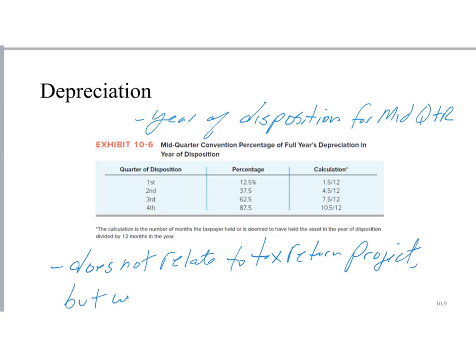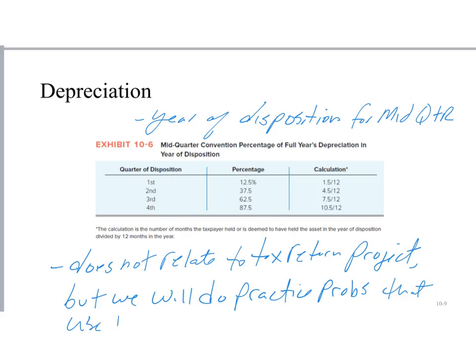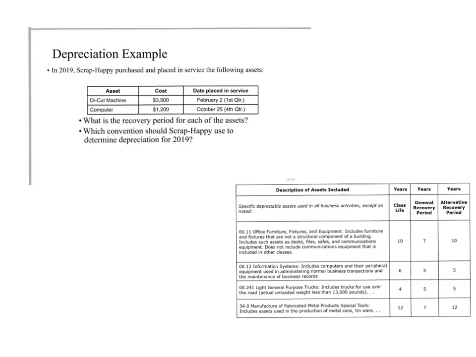But we will do practice problems that use this. So you'll learn how to do this. You don't have to worry about it for your tax return project, okay? And I want to get you rolling right now on your tax return projects.